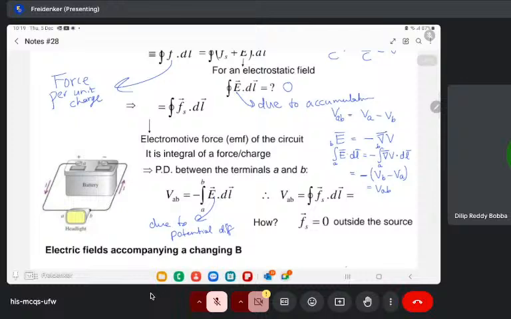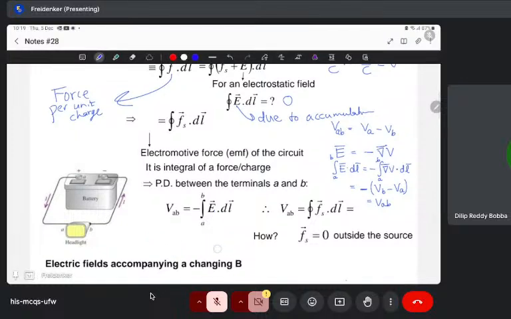If I open this, I will get gradient of V dot dl. So minus VB minus VA, which is VA minus VB. Okay, this is VAB, correct only.